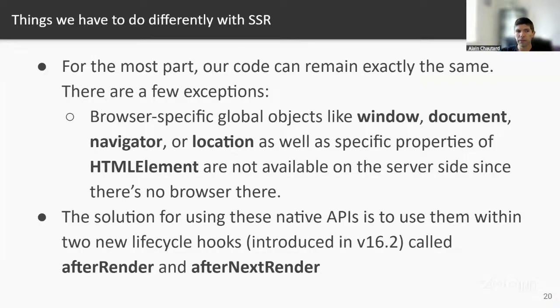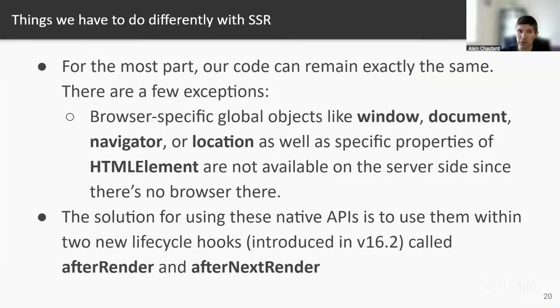That said, of course, there are things that the server is not going to be able to do, because if you're using JavaScript objects like window or document, navigator, location, all of these things are browser specific, right? You can only access the document if you have a DOM, and that means you are in a browser.